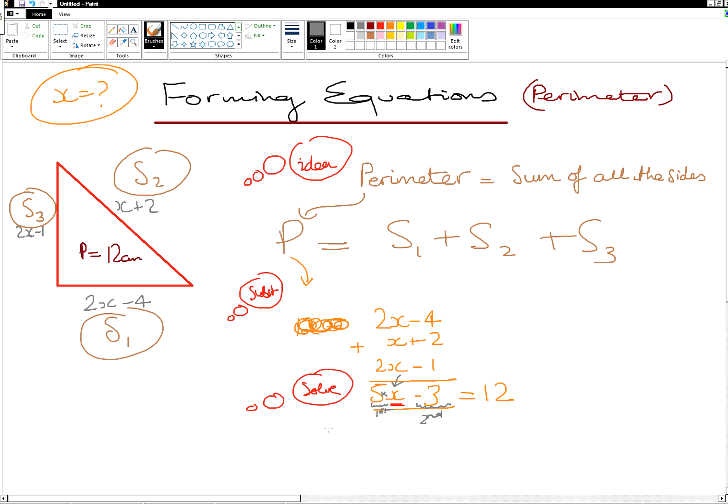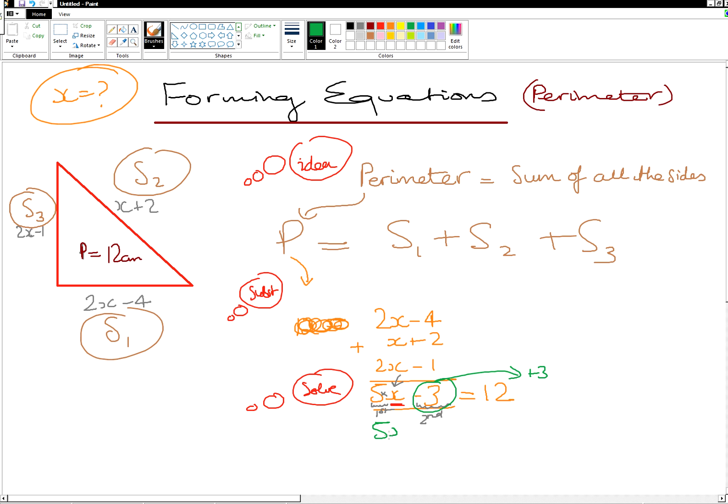So how do we work out the value of x? We solve by moving the actions in reverse order. So what is the reverse order? Which item moves first? The second one, which is minus 3. The opposite of minus 3 is plus 3.